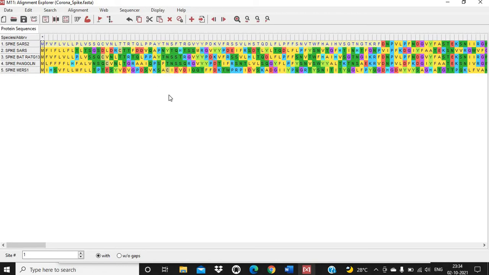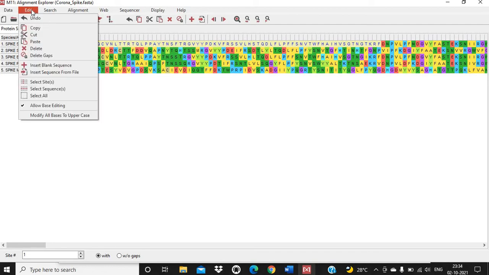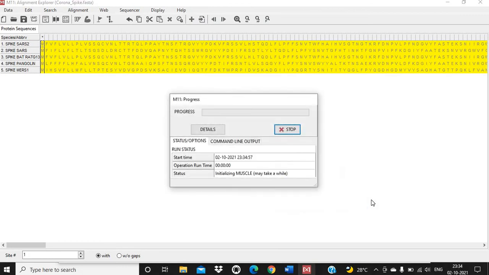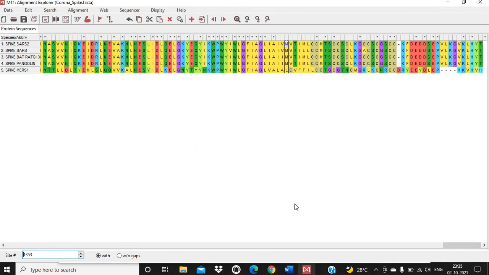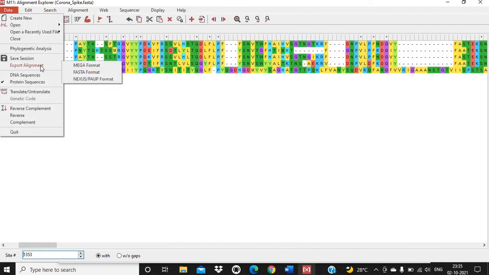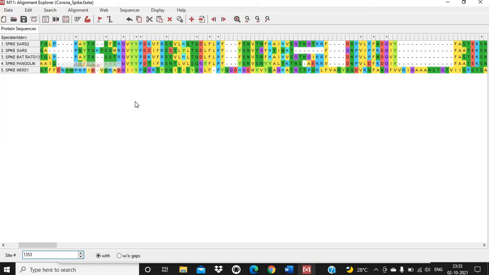So we are going to construct a phylogenetic tree from these sequences. So let's align. We have to select all these sequences and then click on align by MUSCLE. Okay. So now all these sequences have been aligned. And then we export the alignment in MEGA format.